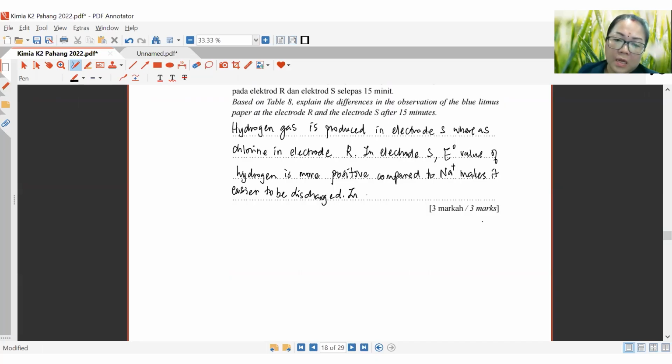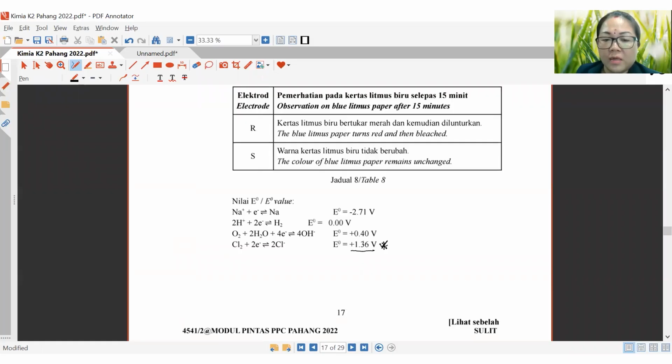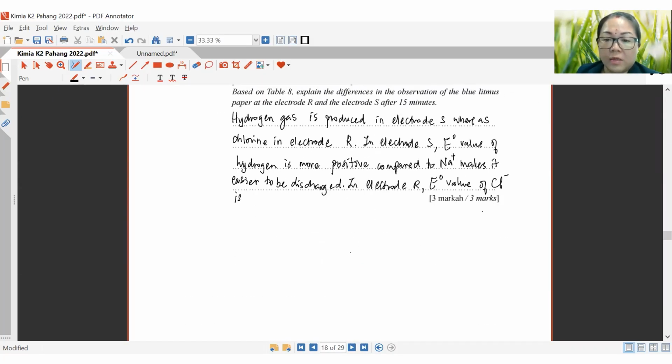Okay, in electrode R, E0 value of chloride ion, if you compare chloride ion with hydroxide, chloride ion is more positive also. Okay, chloride ion is actually, it's not E naught value in this case.